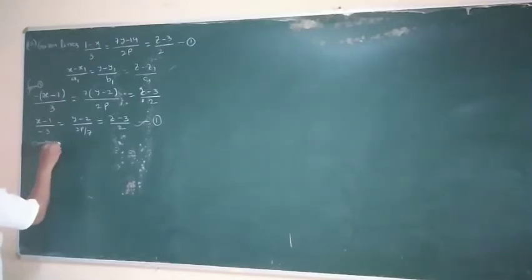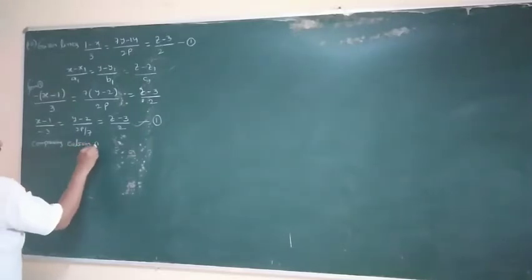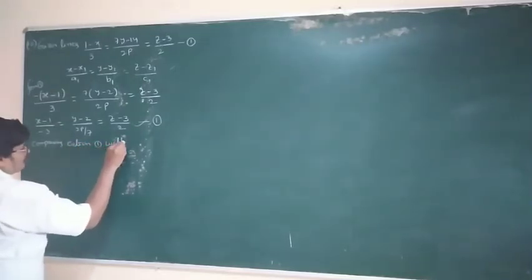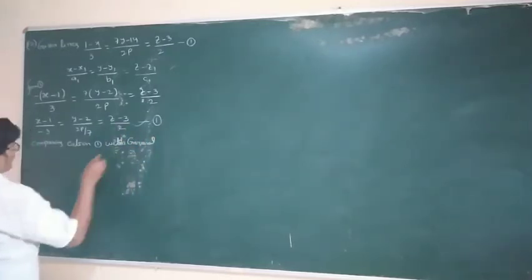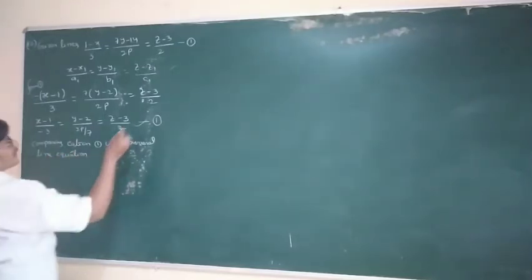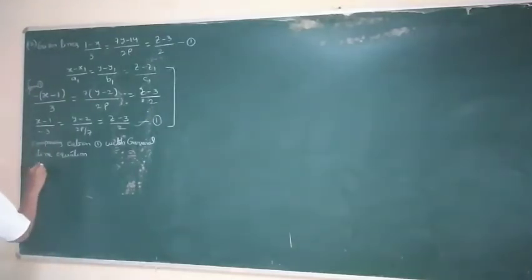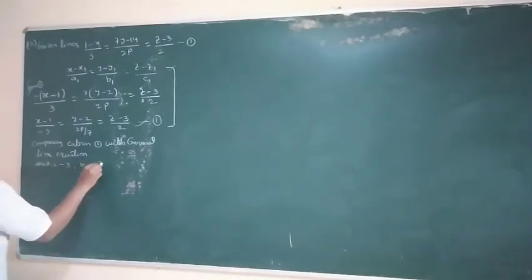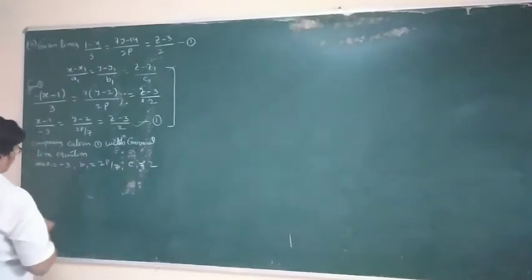Comparing equation 1 with the general line equation, here a1 is equal to minus 3, b1 is equal to 2p by 7, c1 is equal to 2.